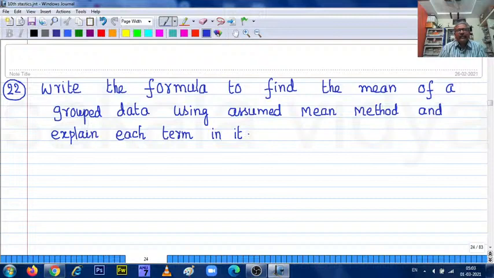Questions like this may be asked for 4 marks in the examination.